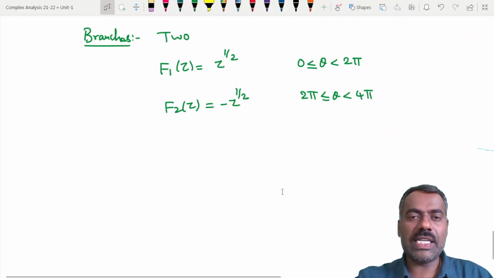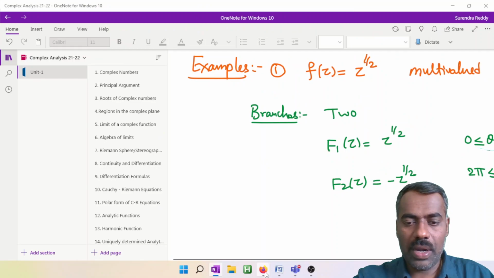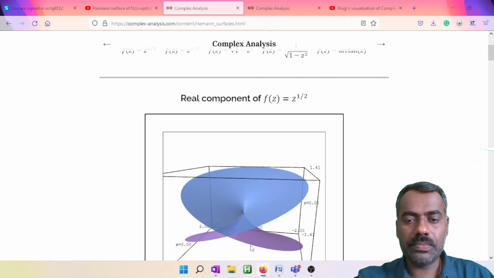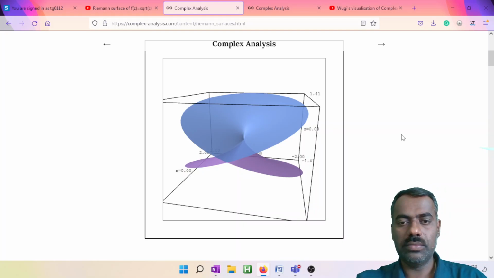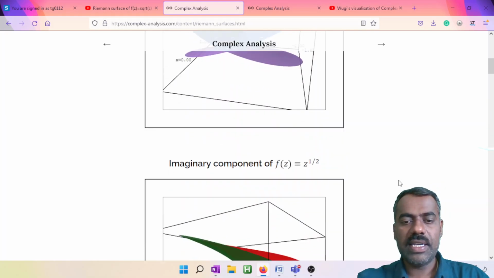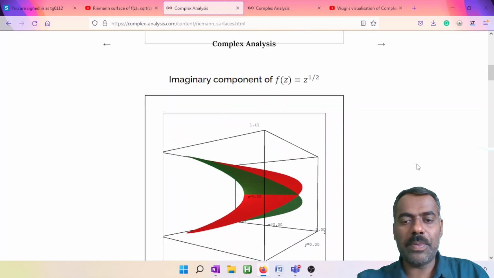Visualizing this one is a little difficult, so let me show it so that you can understand how it looks. Can you see the screen? This is the imaginary and real part of the z power half.